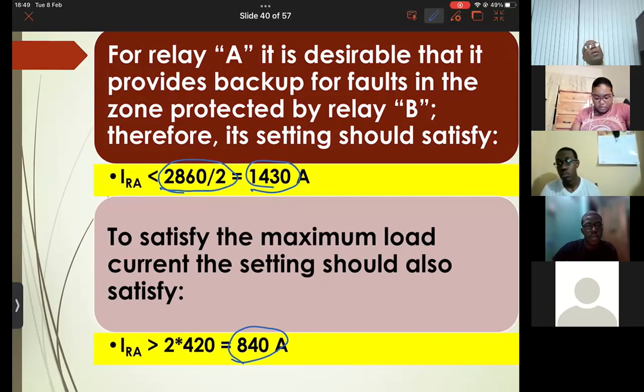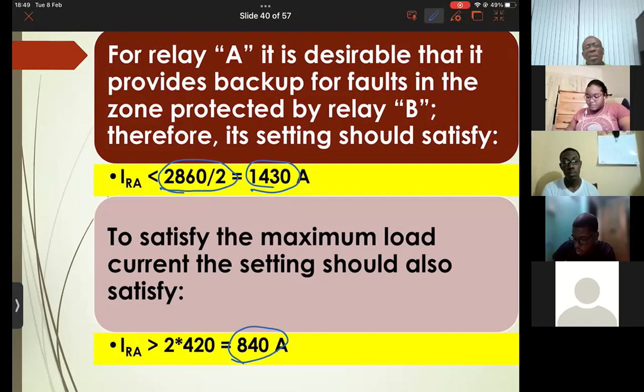Yeah? And what is the turns ratio of the CT at A? 400 to 5. Okay.